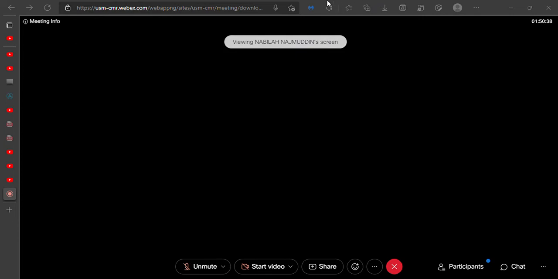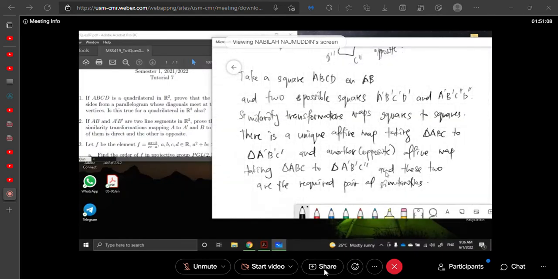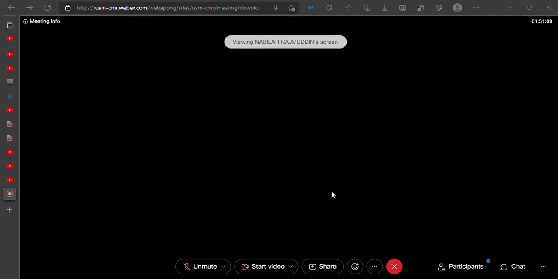So we want to prove there are two similarity transformations. Because a similarity should make a square to a square, there should be a unique affine map that takes the triangle ABC, so this ABC is preserved under the affine map, and so we know that there is enough mapping for it to be a similarity transformation.